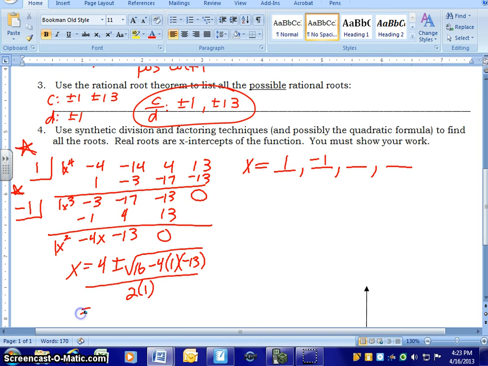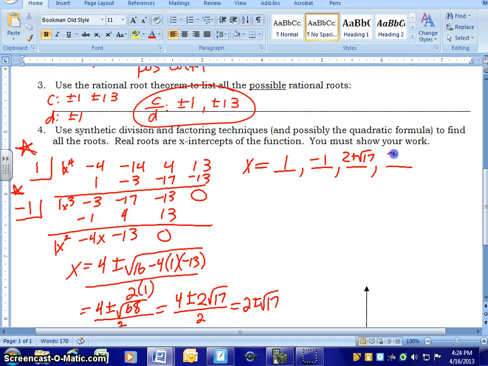Once you figure out what's inside as the discriminant, it would be all over 2, and it looks like our answer is going to be 68. That does reduce because there is a perfect square that goes into it, which is 4. So you get 2 radical 17 all over 2, for a final answer of 2 plus or minus radical 17. All right, so we have just found the other 2 roots.